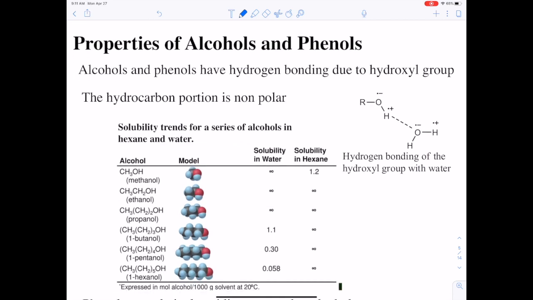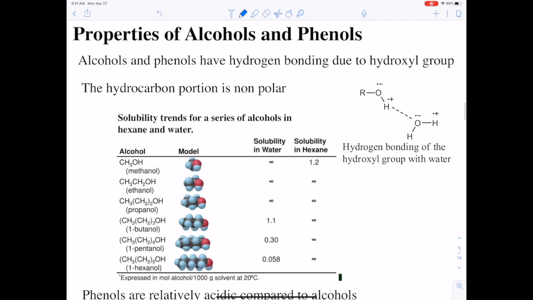Alcohols and phenols have hydrogen bonding due to the hydroxyl group. And of course, they have a nonpolar portion, the hydrocarbon, as well. When we look at solubility, say in water, the smaller alcohols, methanol, ethanol, and propanol, they are miscible.